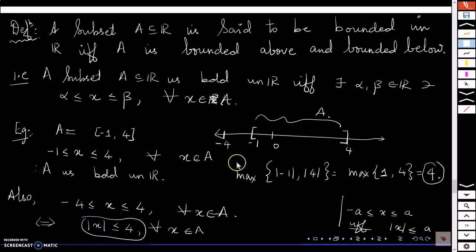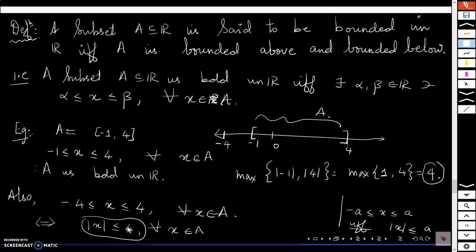So instead of writing two numbers -1 and 4, this will do the job for me. I look at the maximum of the modulus of the lower bound -1 and the modulus of 4, and this 4 will be bigger than the absolute value of every element in the set A, right?